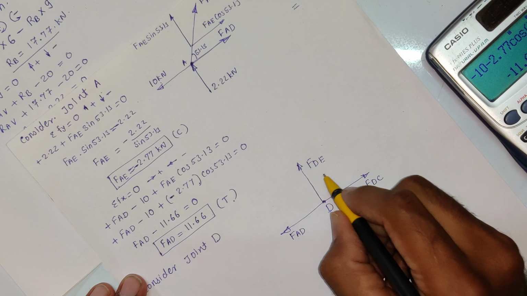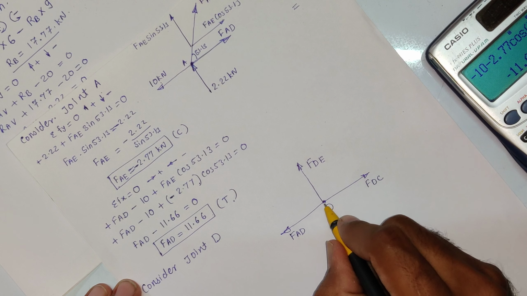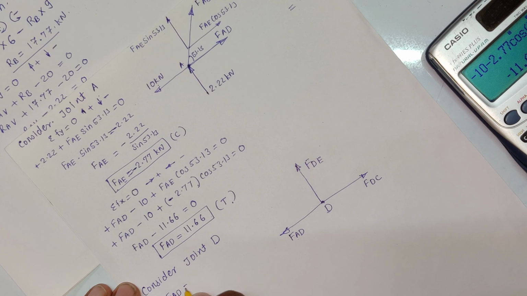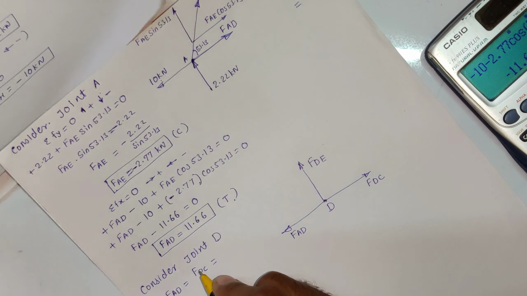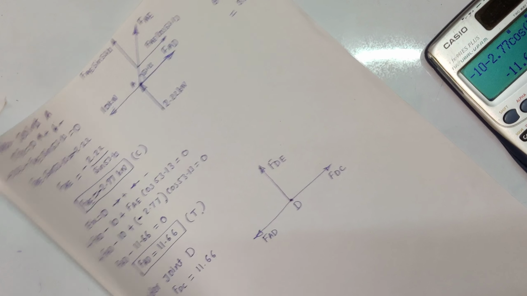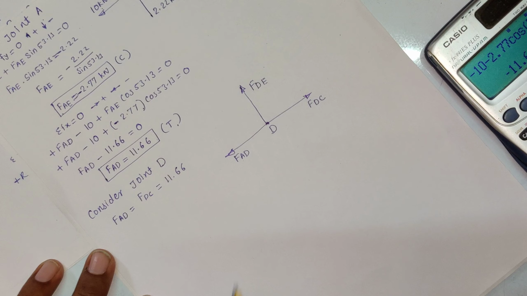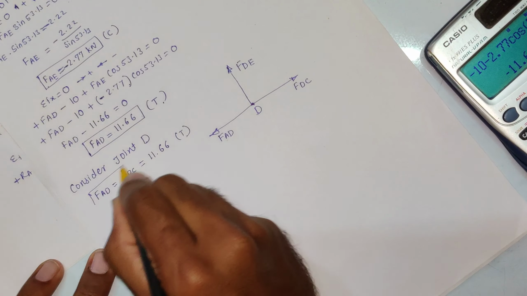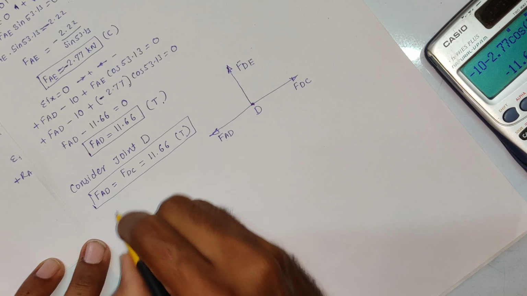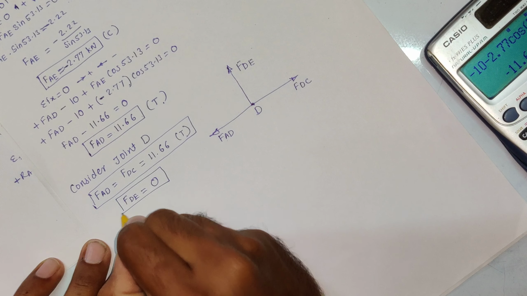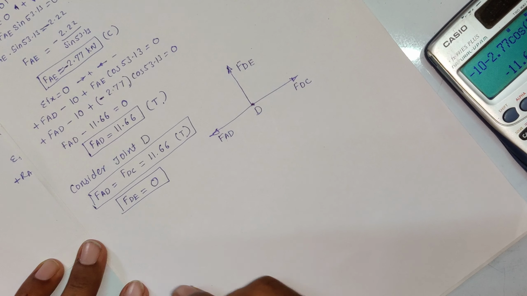So as you can see, there is no inclined force, so you can directly write FAD is equal to FDC. See FAD how much? 11.66, that is tension, and FDE is equal to 0 because there is no opposite force, so it is 0.